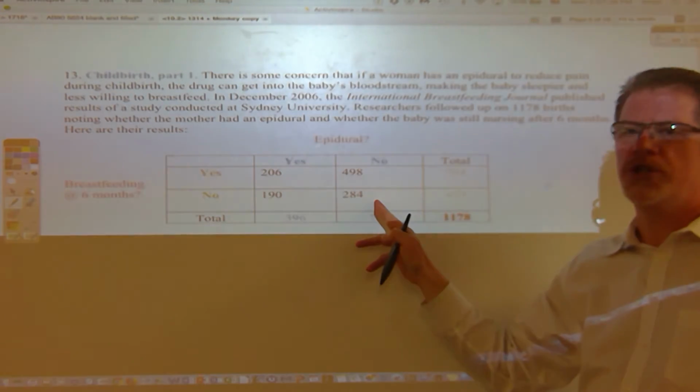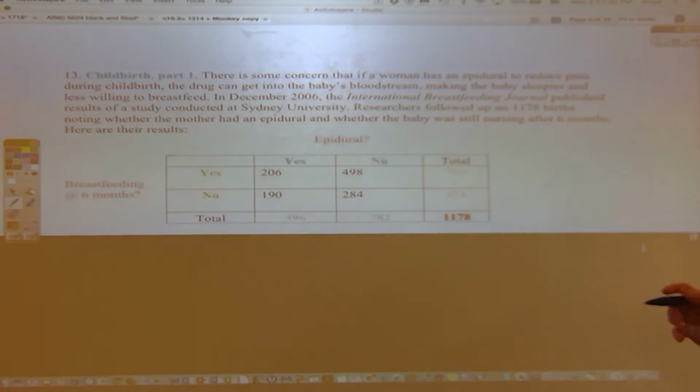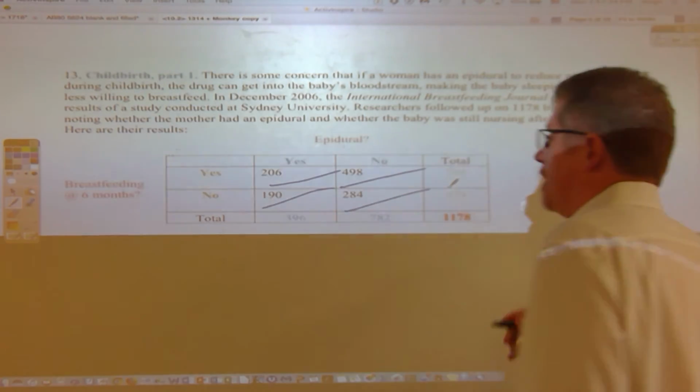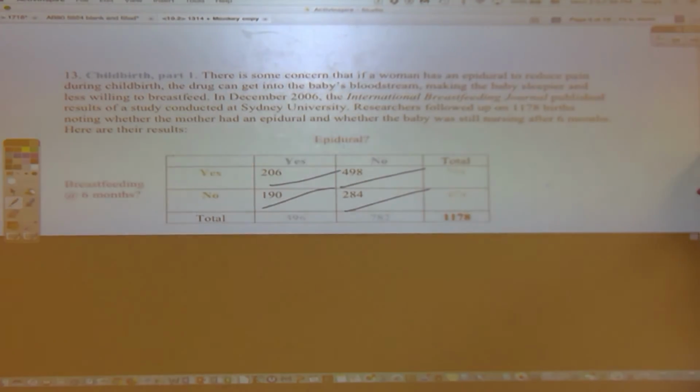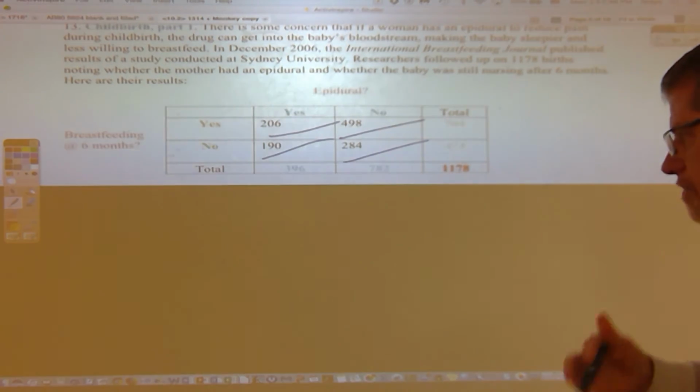Go ahead and enter this 2x2 matrix into matrix A on your calculator. And then use matrix B to report out what those expected values are. So first enter the numbers into matrix A, run a chi-squared test for independence.